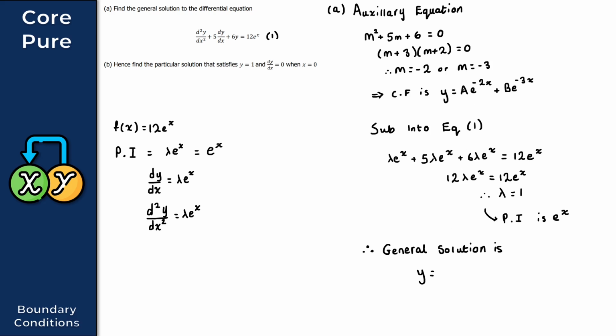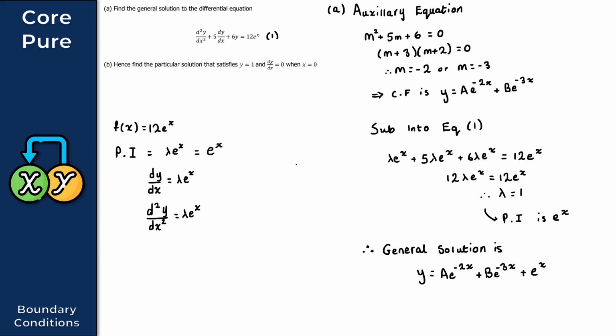So y is equal to a e to the minus 2x plus b e to the minus 3x, and then plus the particular integral, which is e to the x. So this here is the general solution, and that gives us the solution to part A.